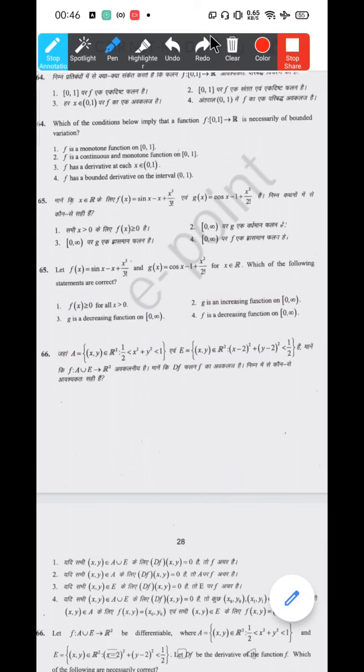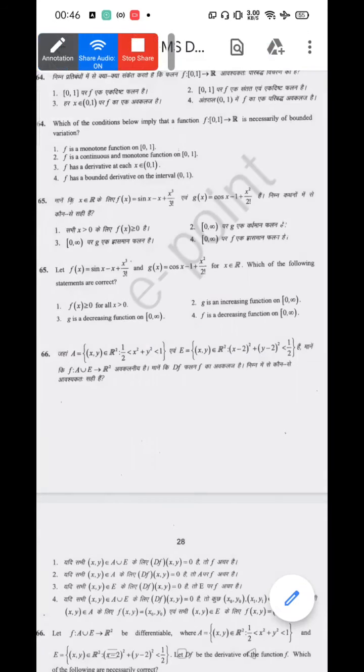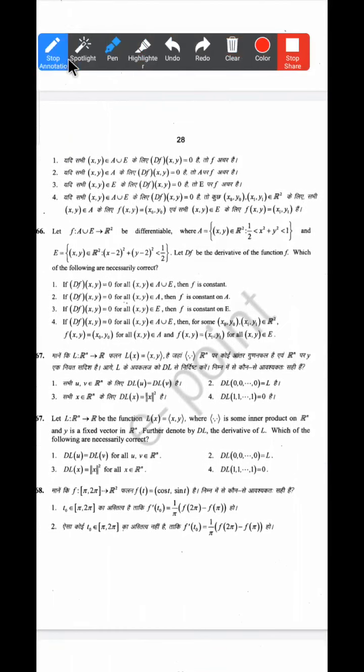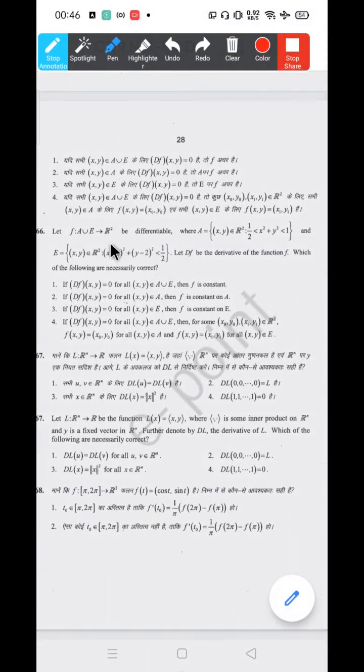Okay, let us see the next one. f from A union E. Okay, I think I have seen this question somewhere. Be differentiable where A is this and E is this, and df be the derivative of the function.